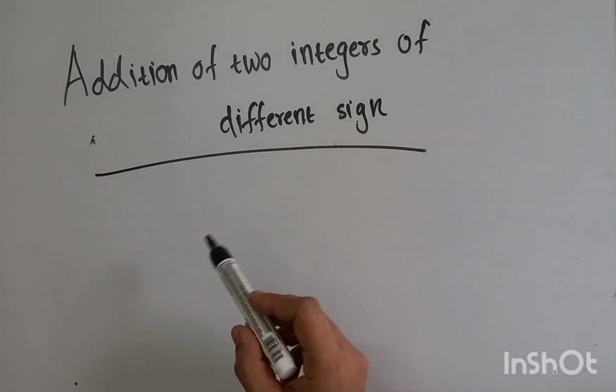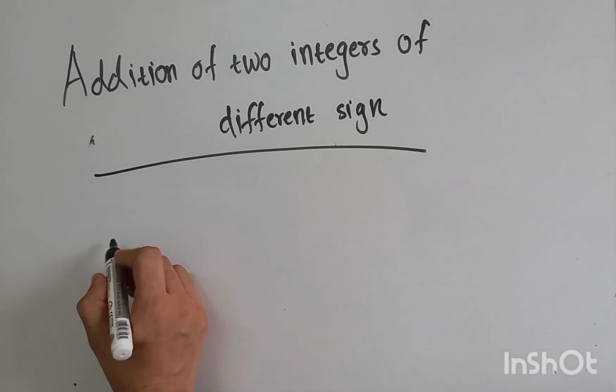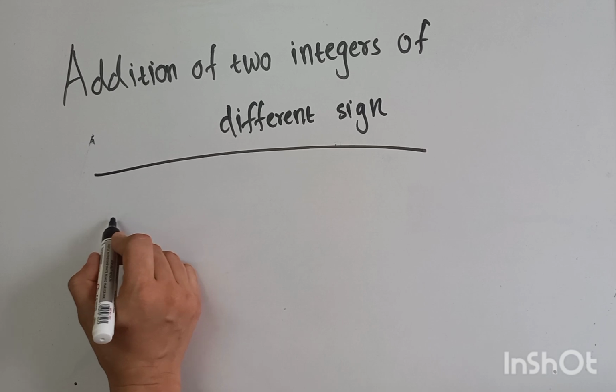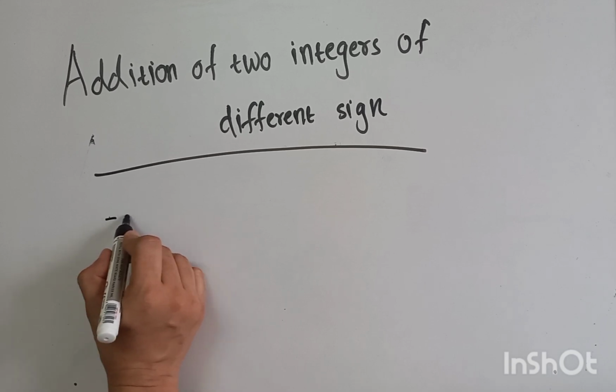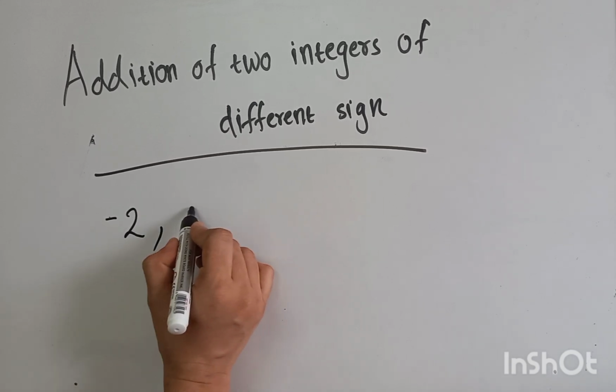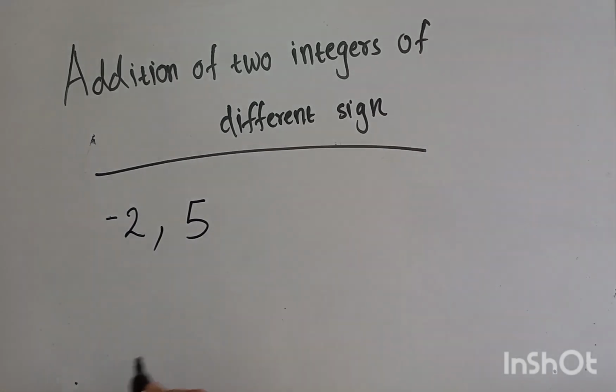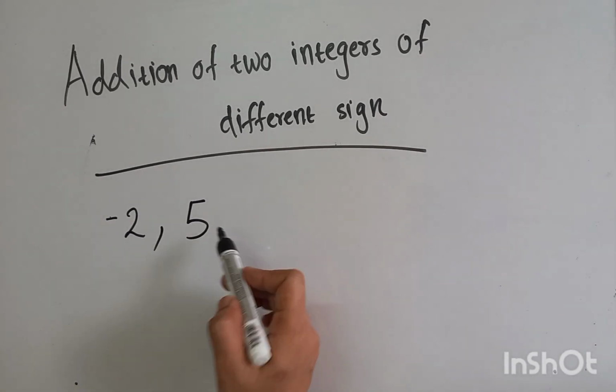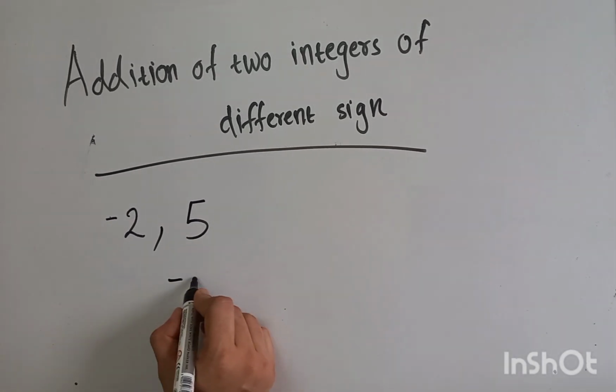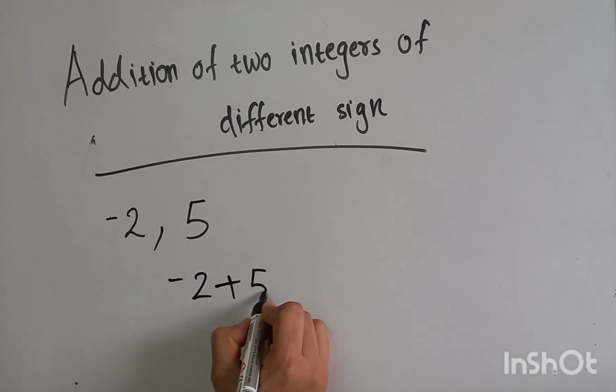For that, let's take two integers of different sign. For example, let the two integers be negative 2 and positive 5. So you have to add negative 2 and positive 5, meaning negative 2 plus 5.